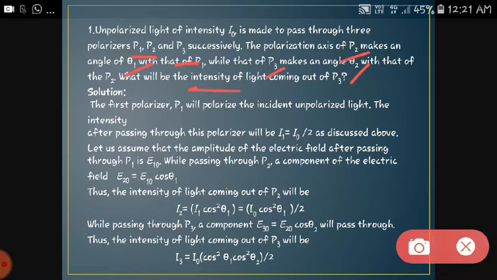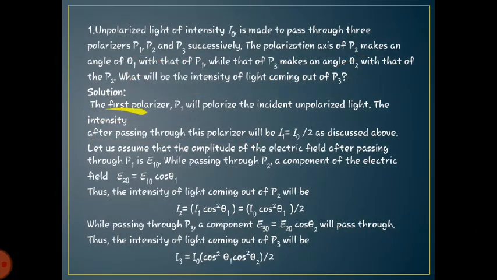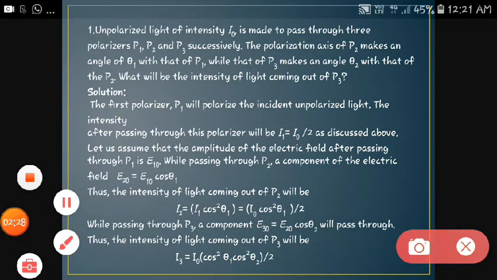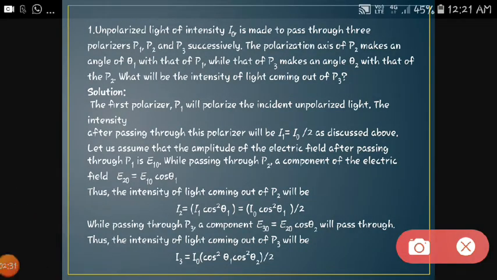Firstly, polarizer P1 will polarize the incident light, and after passing through this polarizer, as we discussed in the theory, the intensity will be half of the original. So I1 will be I0 divided by 2.